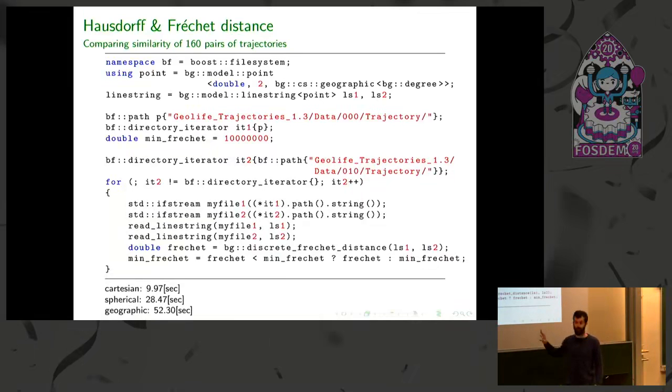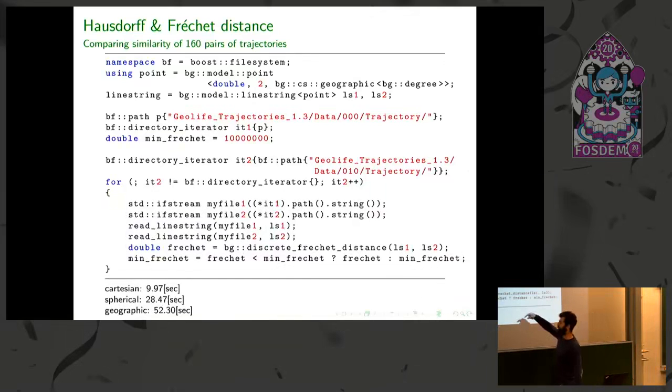In this piece of code, you just go to the third line and change geographic to either Cartesian or spherical equatorial, and you do the computation. With Cartesian, we take the longitude and latitude and consider them as x and y, so it does not care about any spherical information. In spherical, it takes the longitude and latitude as they are on the sphere, and geographic uses them on the spheroid.